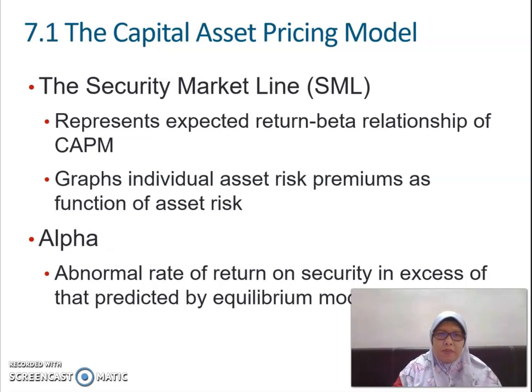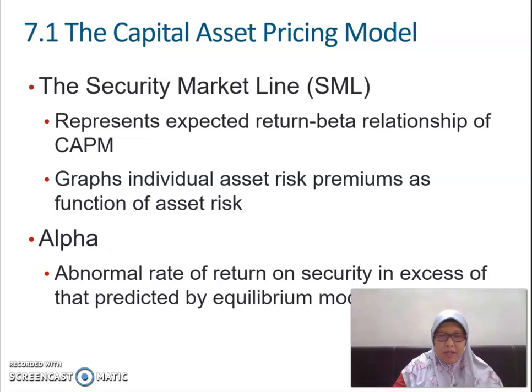The SML represents the expected return and beta relationship of CAPM. The graph shows individual asset risk premium as a function of asset risk, and we have alpha right now.